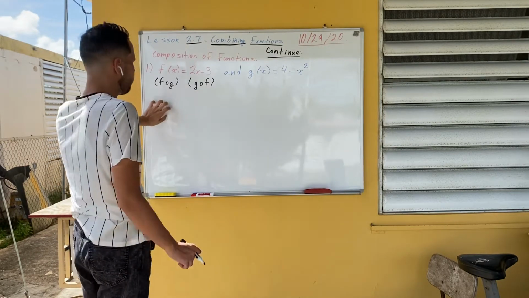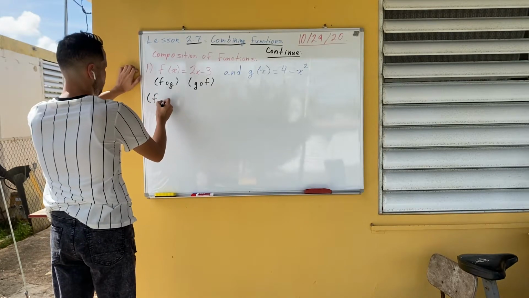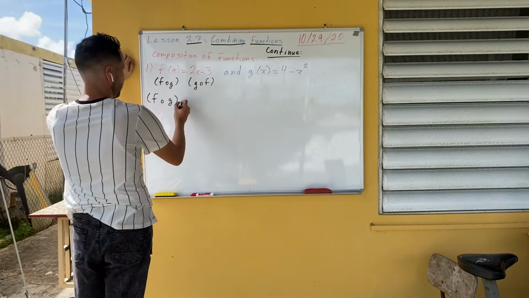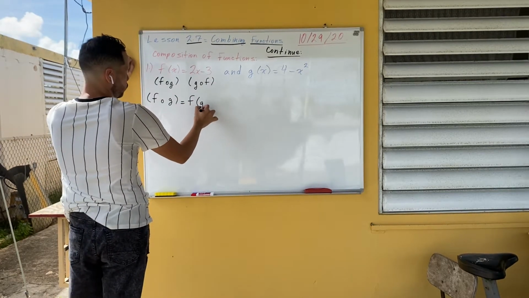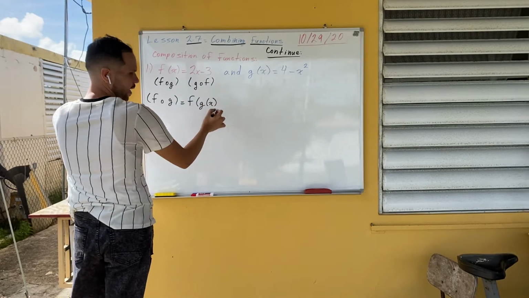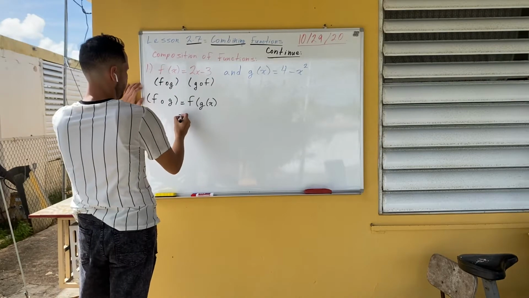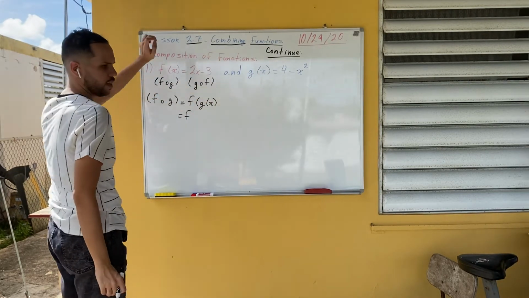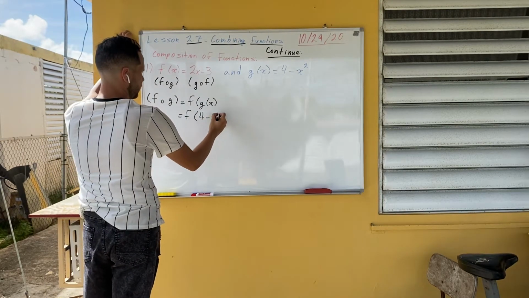Okay, so let's start by finding the composition of f composite with g. I have to start by saying that I'm going to work first with f composite with g of x. So in other words, it's going to be f, and I'm going to work with the g of x equation. So it's going to be 4 minus x squared.